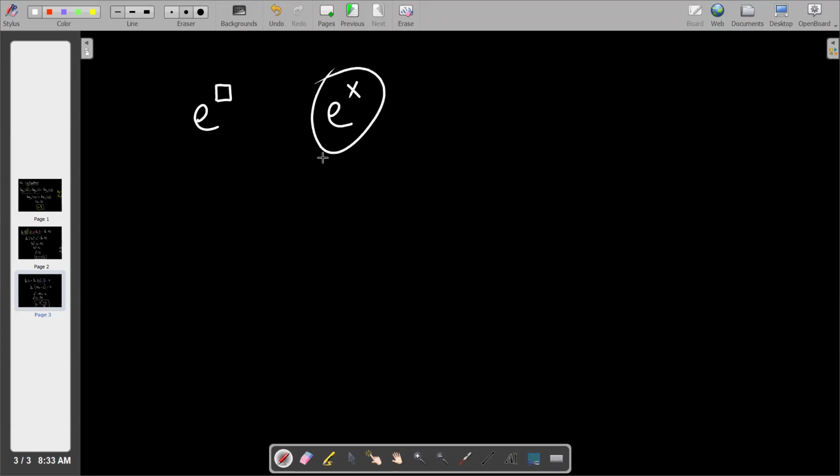I just hit this button and then fill in the X or the box with a 2. But if you just want regular E, you hit your E to the X button and change the X into 1. You'll all have a button that says natural log, and you're always going to find your E directly above that. So you all have to hit shift natural log, and that's where you find your E to a power. Got it?